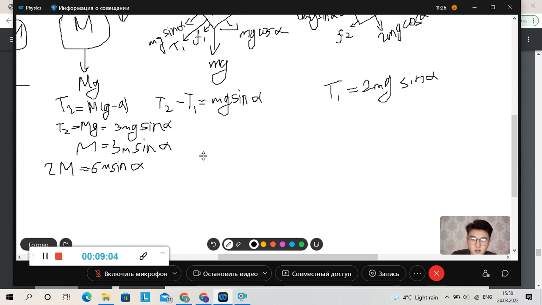We have acceleration, and we need to write the tension like this. Tension 1 is equal to 2mg sine alpha. We need to do the plus because it's upward.